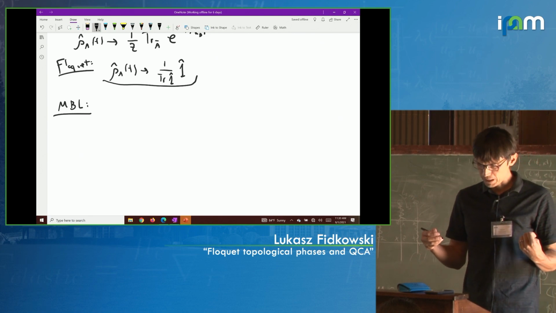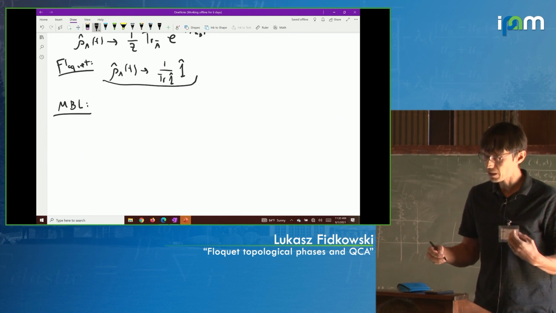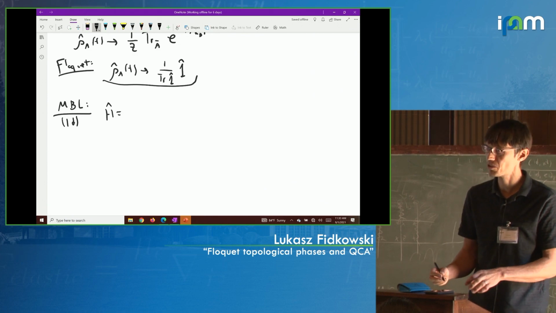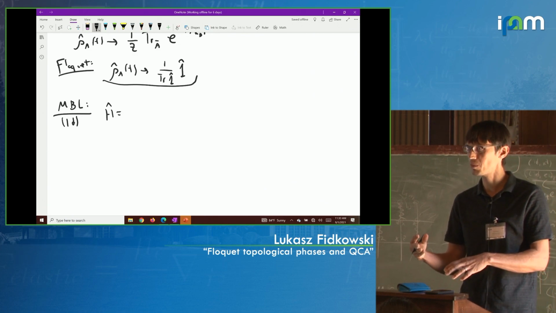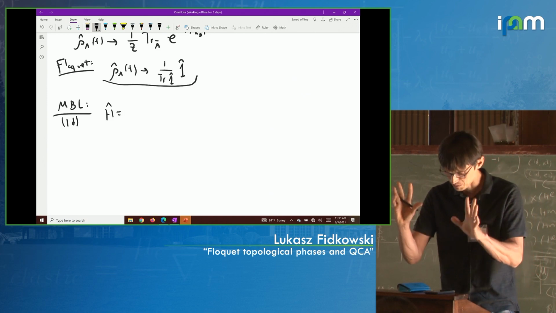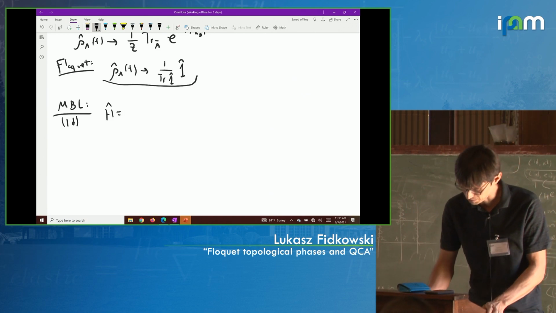Okay. In the time-independent case, let me first start out with the following Hamiltonian, which I'll call H, and let's say that I'm in 1D here. This stuff does generalize to higher dimensions, but there are subtleties with many-body localization in higher dimensions. I don't want to get into any of that, so for now I'm just going to stick to one dimension.